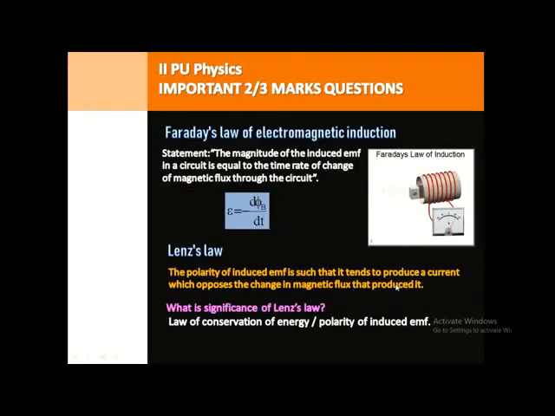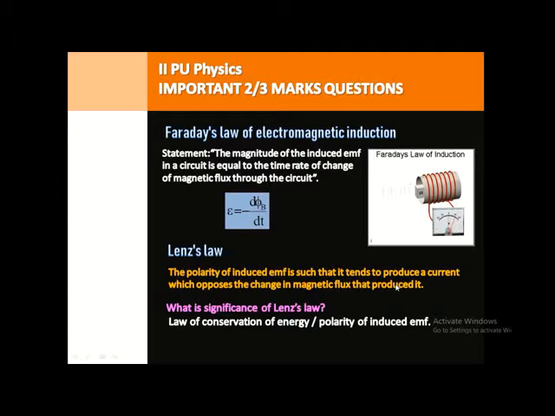Next, Faraday's law of electromagnetic induction statement. The magnitude of induced EMF in a circuit is equal to the time rate of change of magnetic flux through the circuit, or induced EMF E is equal to minus d phi by dt. And also Lenz's law.